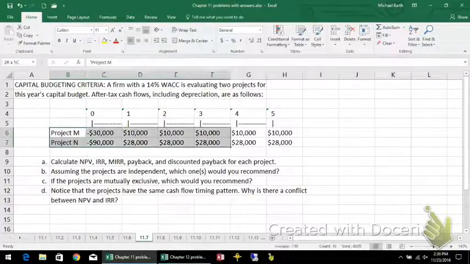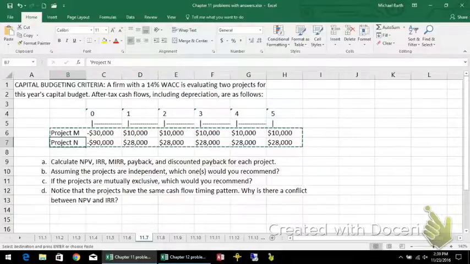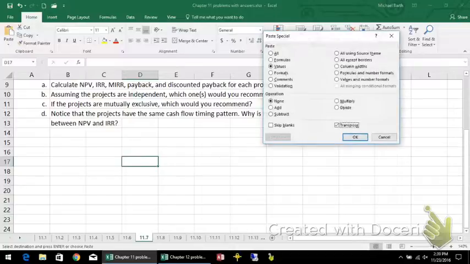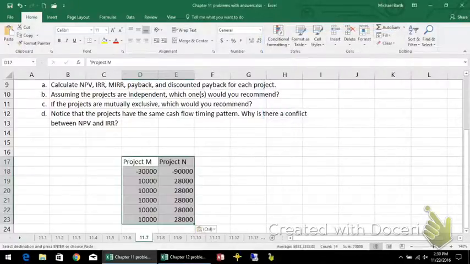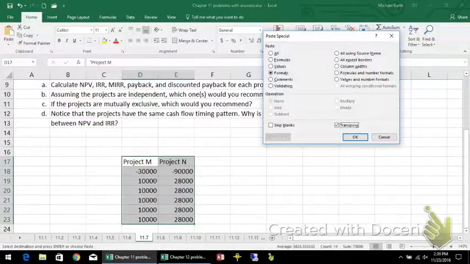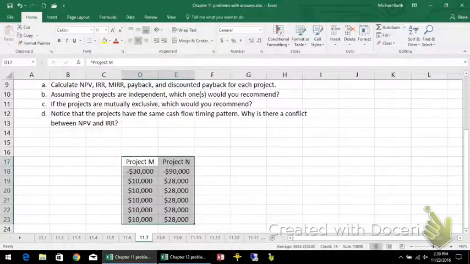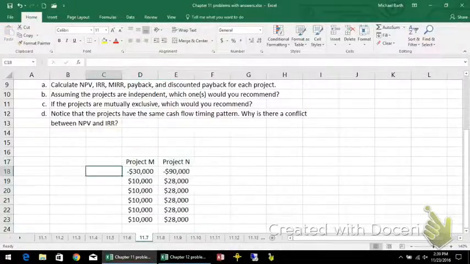Now I'm going to just take this and copy these down because it's easier to work with in a column because of all the stuff we have to do. Alright, and then this is time 0, 1, 2, 3, 4, and 5.